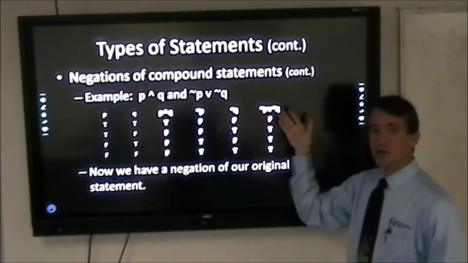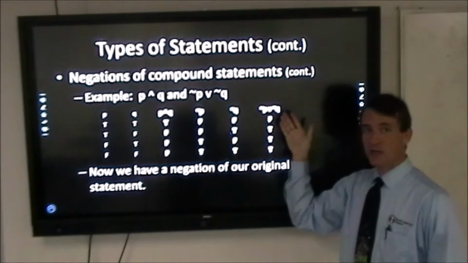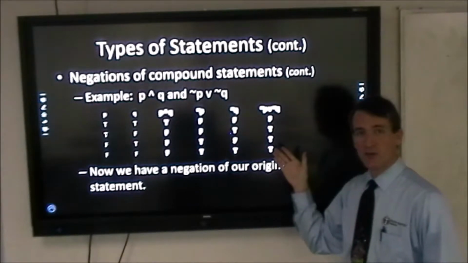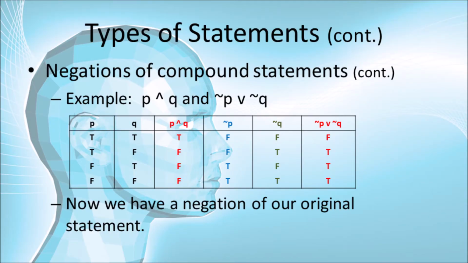But over here, the negation of P or the negation of Q, I have false, true, true, true. So these are exactly the opposite. What was true on my first column here is false on the second. What was false on the first is true on the second. So we now have a negation of our original statement.